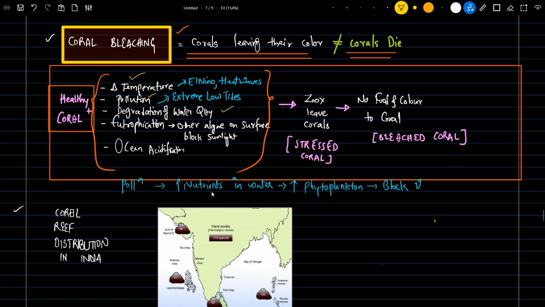The fourth reason is, let's say, eutrophication, meaning other algae on the surface block the sunlight. And the fifth reason, let's say, ocean acidification.